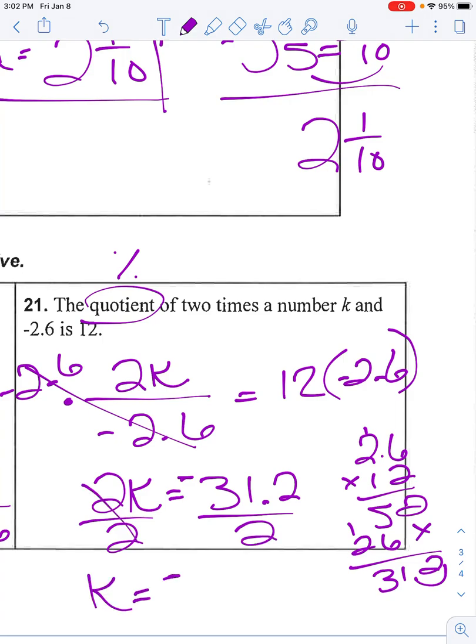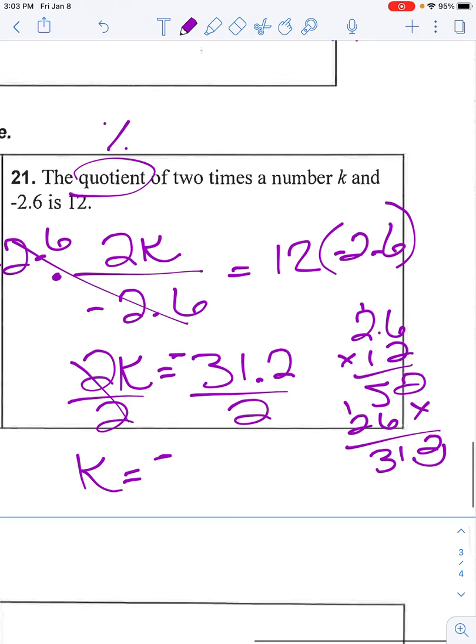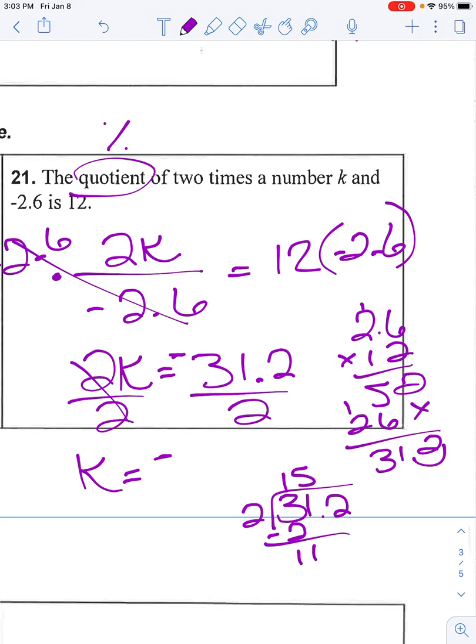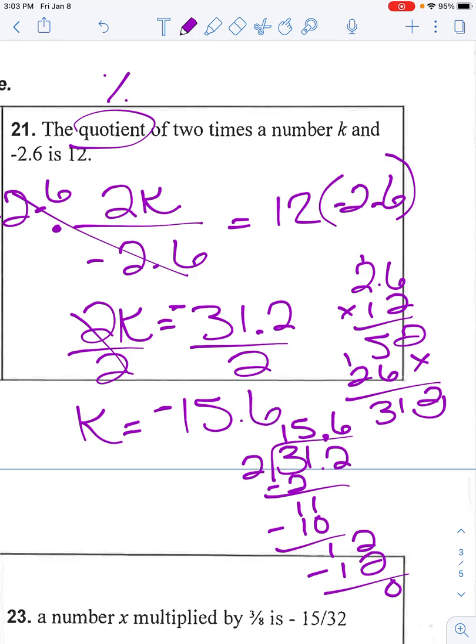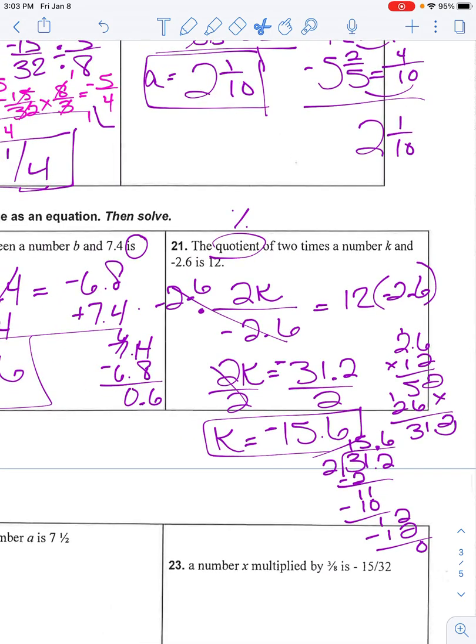Then I'm going to divide to get k by itself, and again, a positive and a negative is a negative, and then I need to divide 31.2 divided by 2. So I'm going to get a negative 15.6.